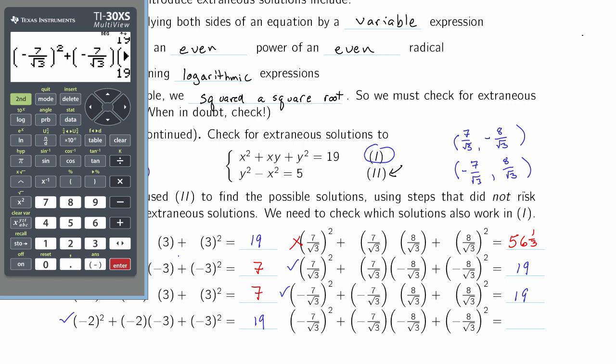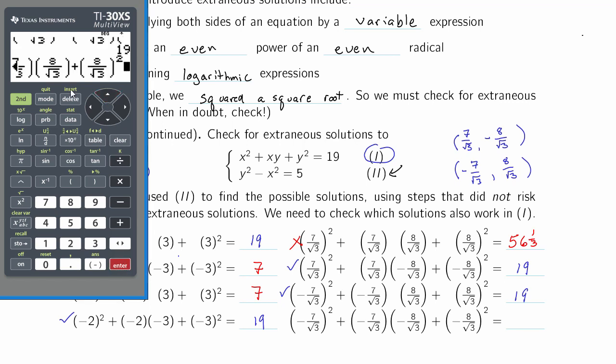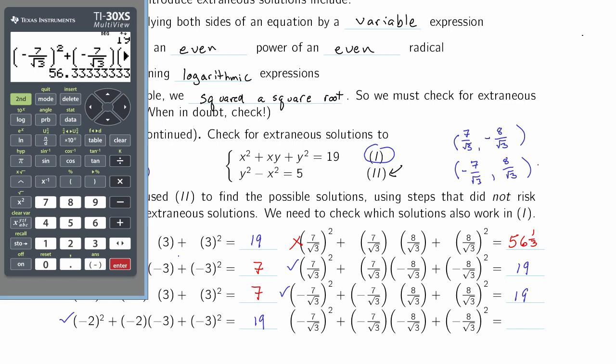Now, we know that this last one isn't going to work because we've already found the 4 true solutions. Ordinarily, we wouldn't be going into this having looked at a graph. So ordinarily, we would have to check all 8. So we're going to go ahead and check all 8. I'm just going to take this one and make the 8 root 3's negative as well. And we get 56 1/3 again.